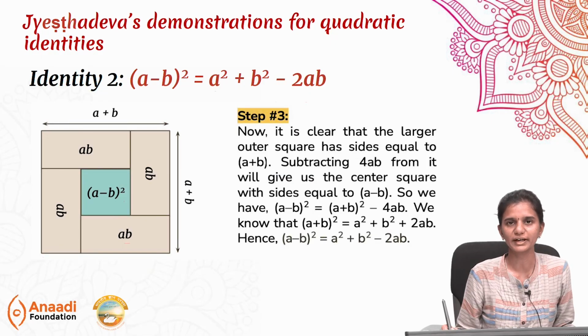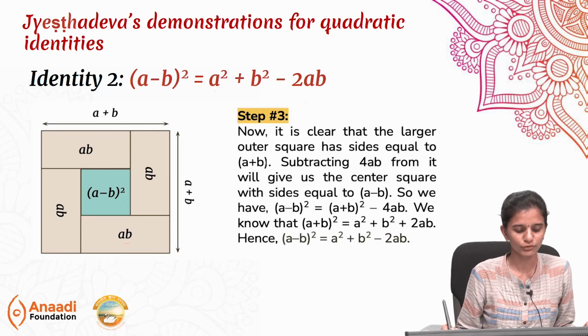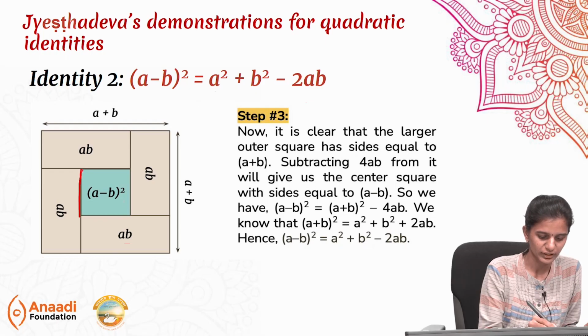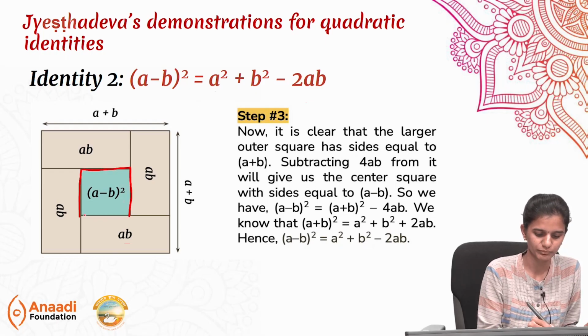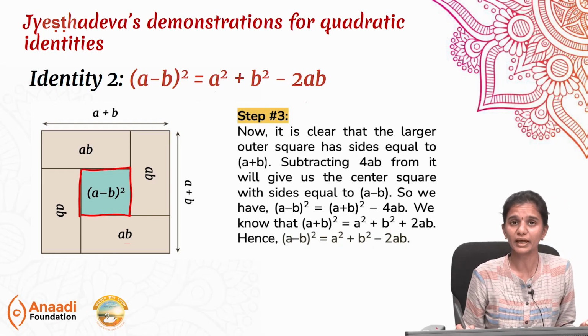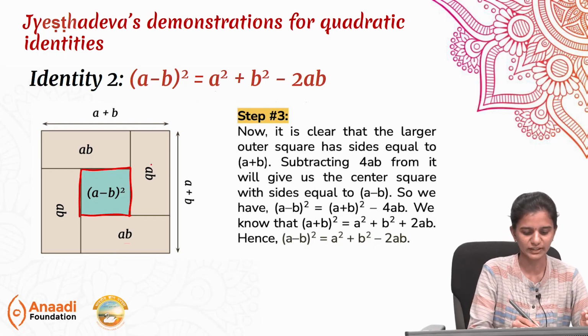Now, we know that the area of this small square is A minus B the whole square, and then the area of each rectangle is AB.